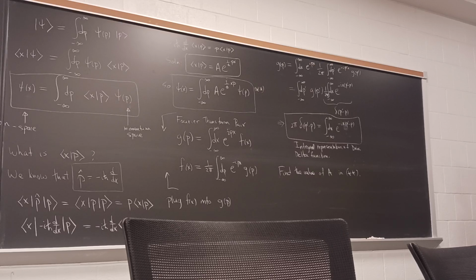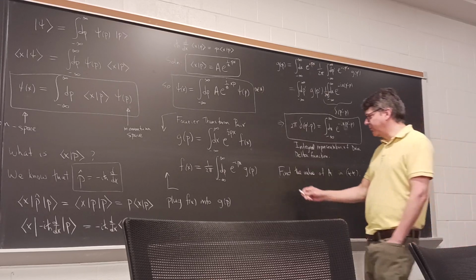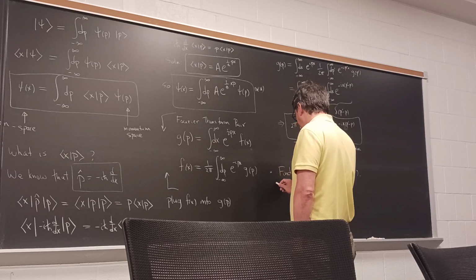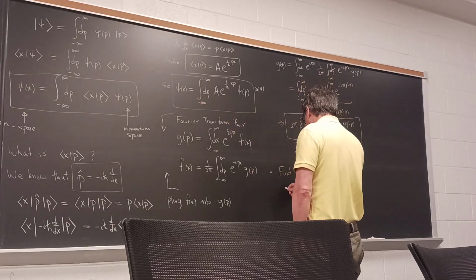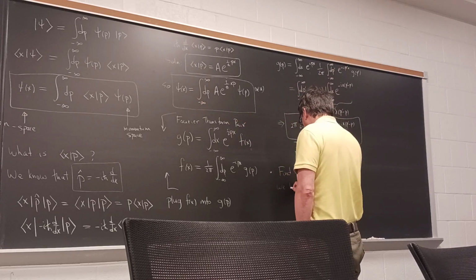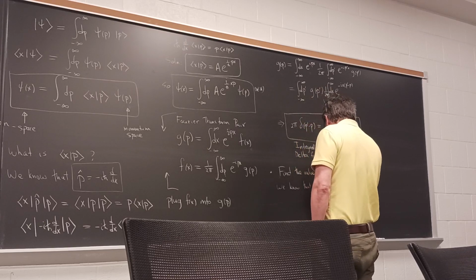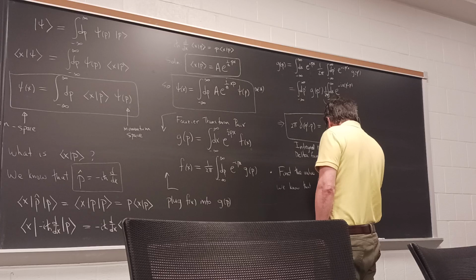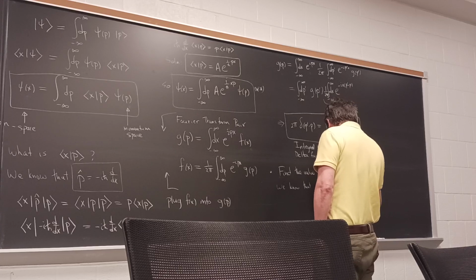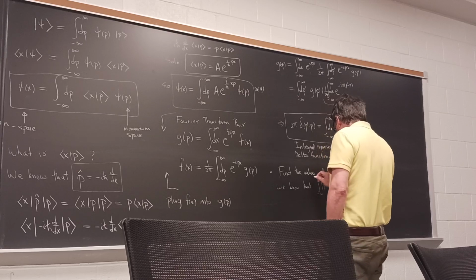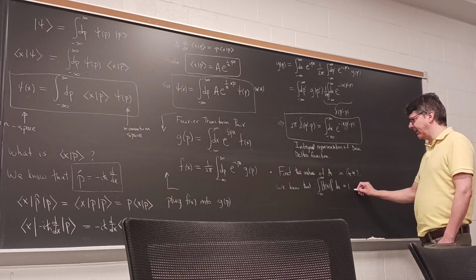Okay, so how do we do that? Well, what do we know? We know that the integral over psi of x squared dx is equal to 1. So let's use that.